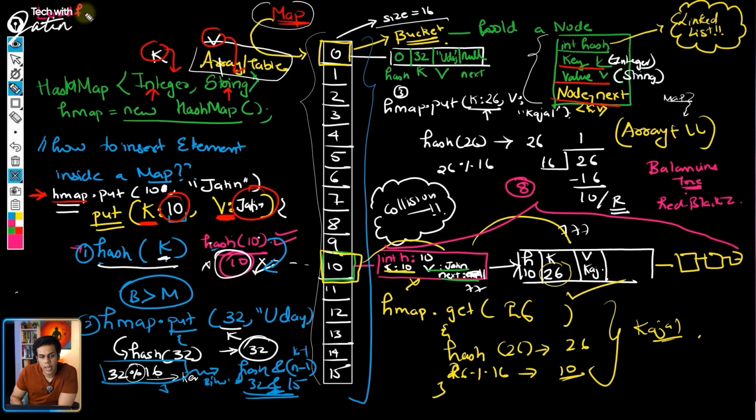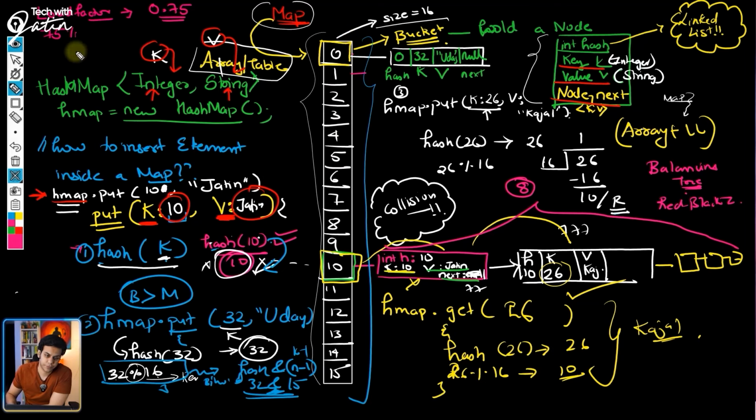All right. And the load factor in your HashMap is going to be 0.75, meaning when your array, this table, is 75% full, meaning there are certain buckets which have got created over here, then the array size will be increased by doubling it. Meaning, right now, what is the size of this particular array?